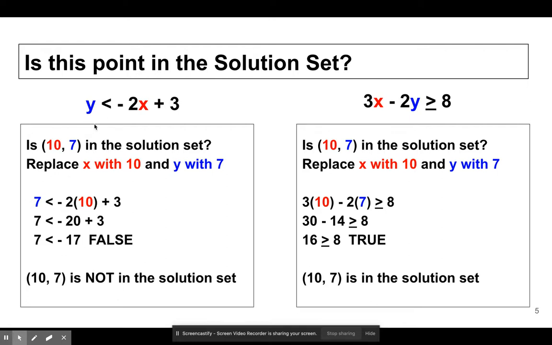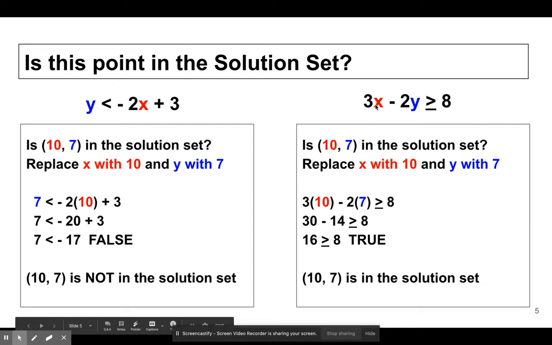I replace y with 7 and I replace x with a 10. And then if we work this out, we'll get negative 20 plus 3, which is negative 17. And so we will be left with 7 is less than negative 17. Well, that is false. 7 is not less than negative 17. So then that tells me that (10, 7) is not in the solution set for this inequality.